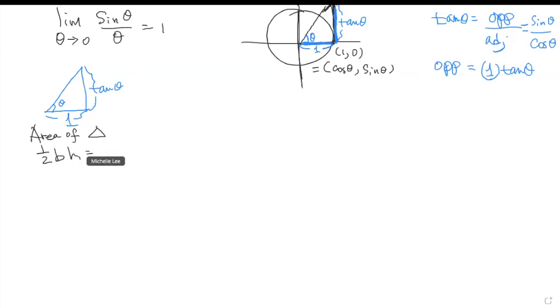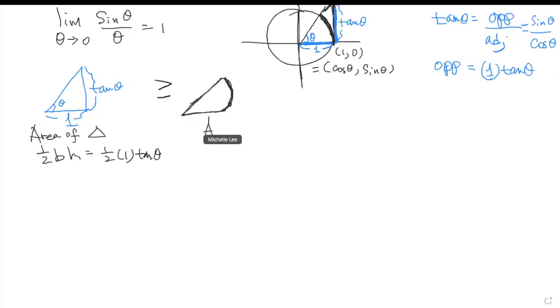So then what's the base? One. It's 1. Height, which is tan theta, right? Okay. Now this is greater than or equal to, and let me take out the sector here, in black. Can you see this one? So then this will be like this, right? Not good at drawing. So also the triangle with the sector.